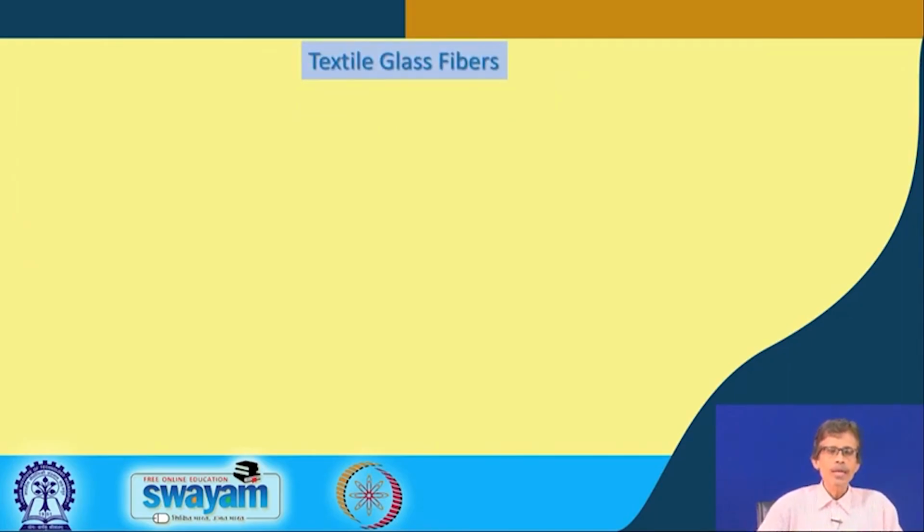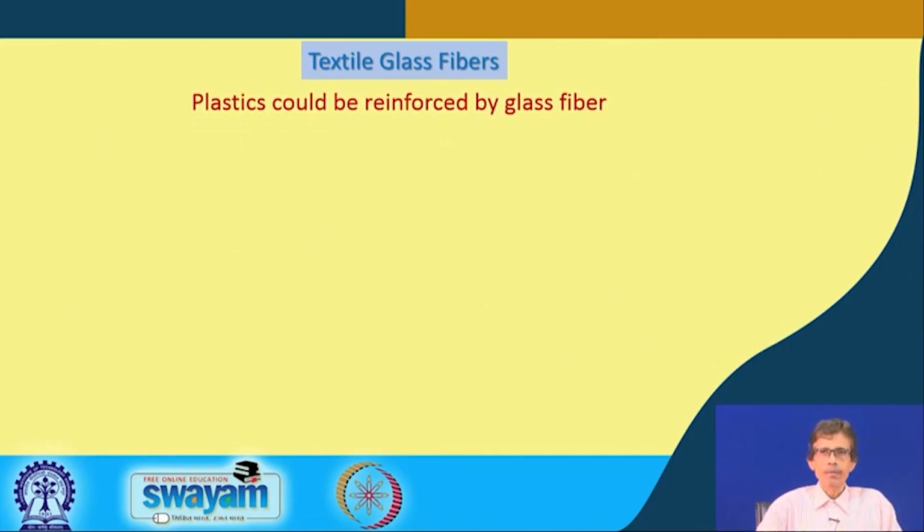Then we will see glass fibers, which are also very useful inorganic fibers, and we can make those fibers like textiles also. So we can put in the textile material also, like that of plastic material, the polymeric material, the nylon material.